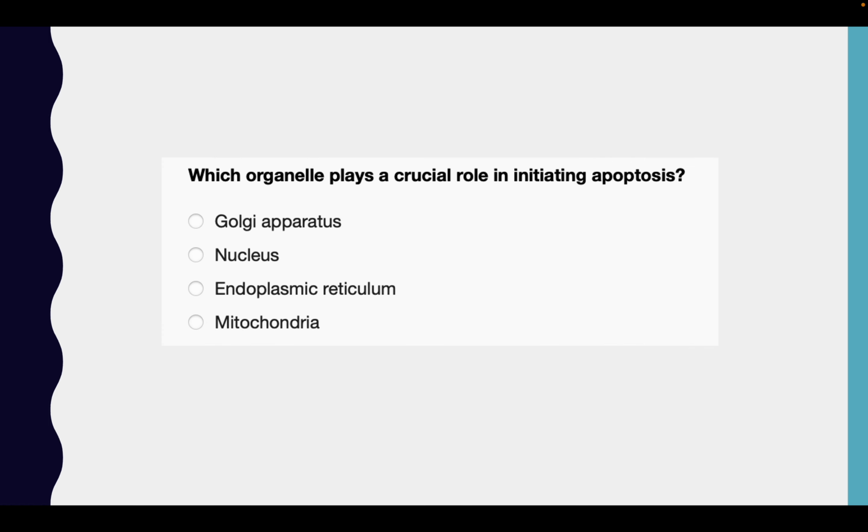Which organelle plays a crucial role in initiating apoptosis? Mitochondria. Sure? Yes, ma'am. Right, correct.